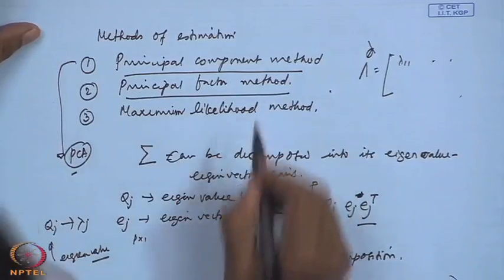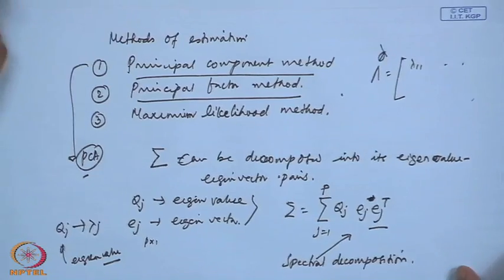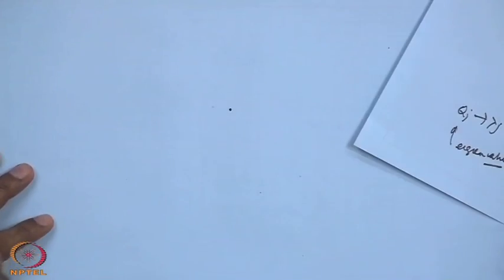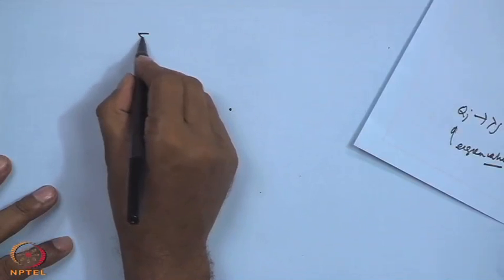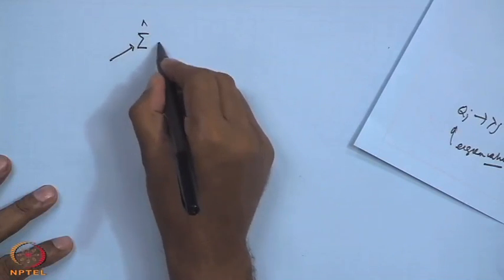Now, the second method is the principal factor method. I think we have discussed it somewhere. In the first method, the principal component method, what we have done is we have basically taken this matrix, or you can say the estimate of this matrix.